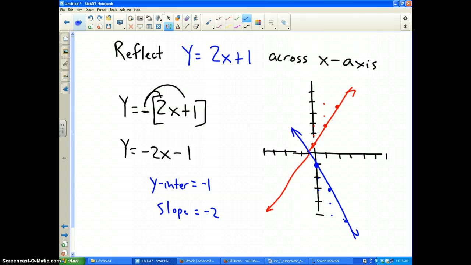Now, if you notice, my blue line is a reflection across the x-axis. The graph has now flipped across that particular line, which is what I wanted to achieve. And that is how you transform functions and get them to reflect across the x and y axis. Again, if you have any questions, please make sure you ask me during class.